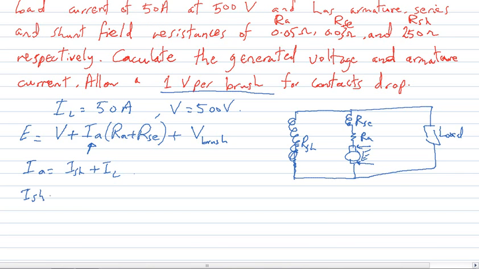The shunt current is equal to the voltage over the R shunt, which is 500 volt divided by the shunt resistance, which is 250, and this is 2 amps. So it will be 2 amps plus the load current, which is 50, it is 52 amps.